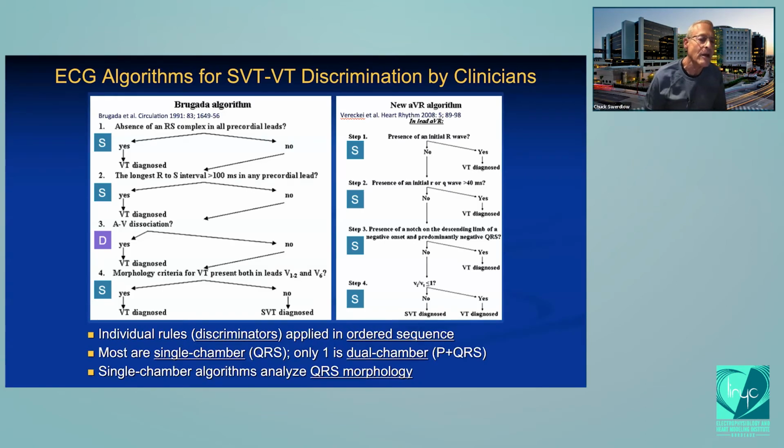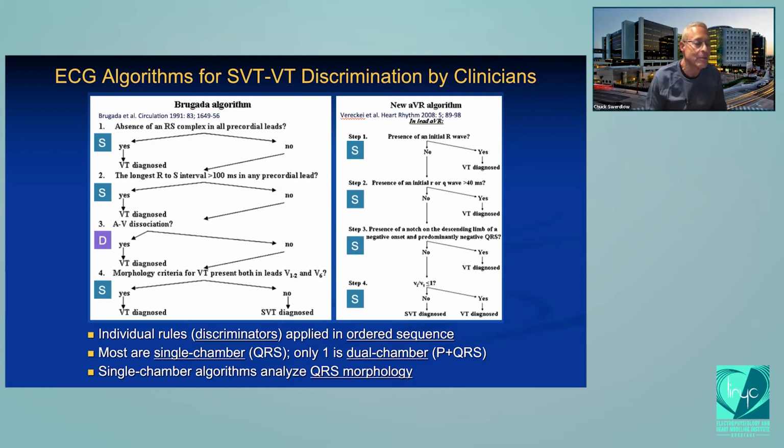So when we think about SVT-VT discrimination algorithms, as doctors, you have been taught to do this, and you've been taught to do it using the surface ECG. There are various rules you may have learned to tell VT from SVT. For example, if the QRS complex is wide, or if it has certain morphological features, such as the absence of an RS complex in any precordial lead, or Q waves in certain leads.